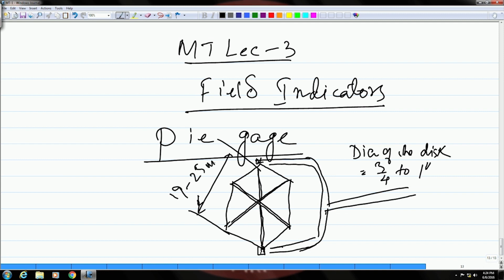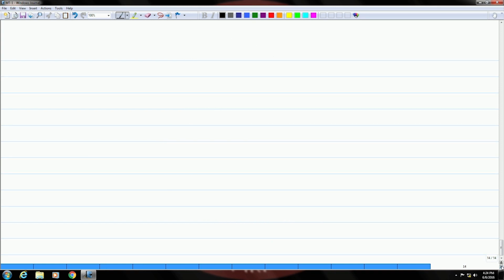That is a typical size. And then these slots you have. When you see the other side of this, it is completely flat, as I said.